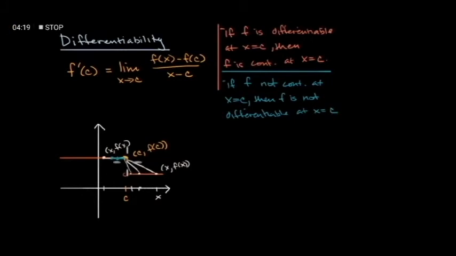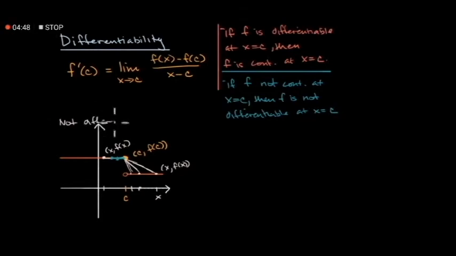But what if we were to take the x's to the right? Instead of x being there, what if we were to take x right over here? Well, for this point, x comma f of x, if we take f of x minus f of c over x minus c, that would be the slope of this line.